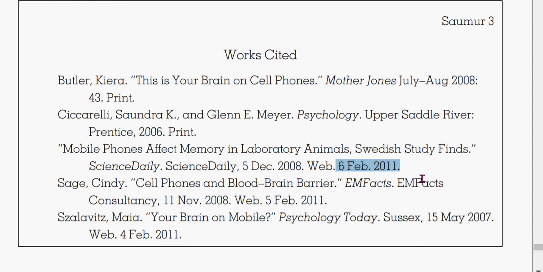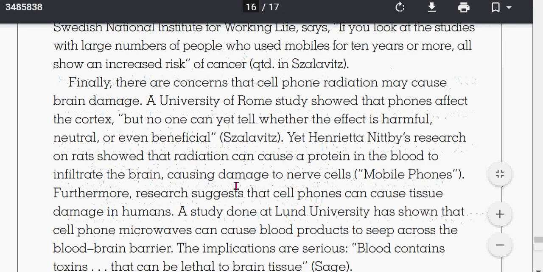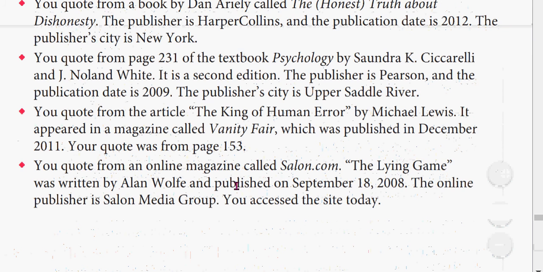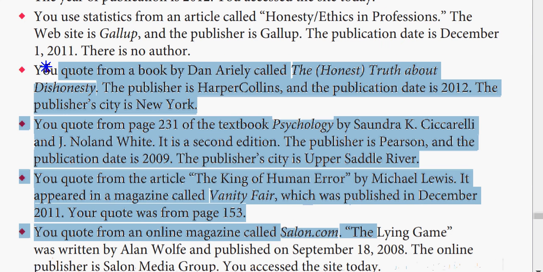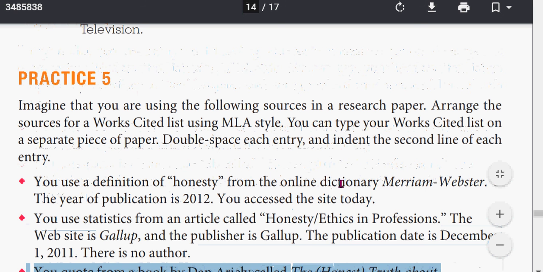Both of them are important in the MLA citation. So this is the kind of works cited page that you need to produce, using as much information as you can from here about this author's work.